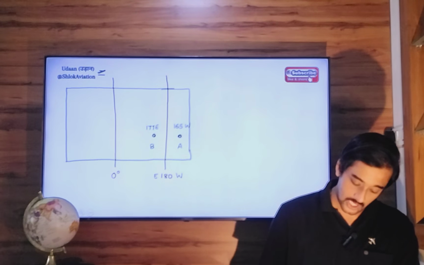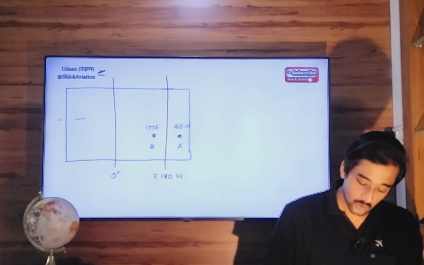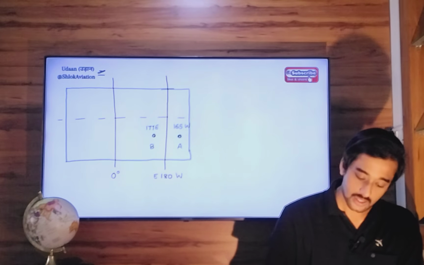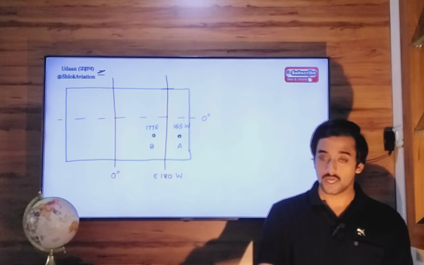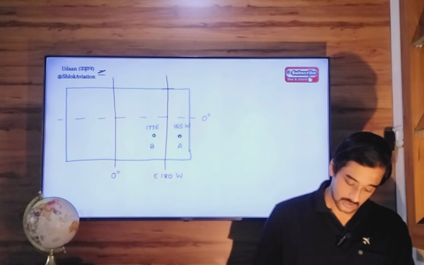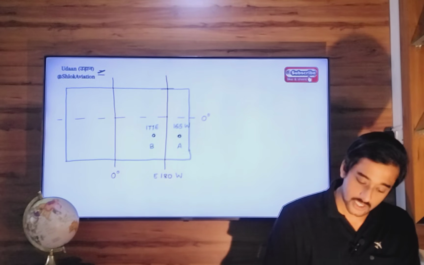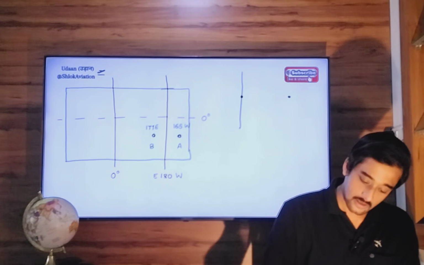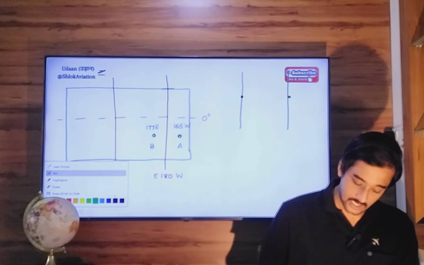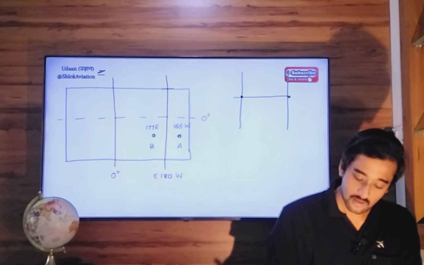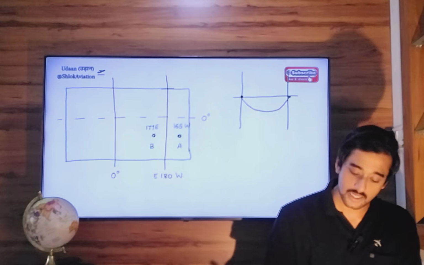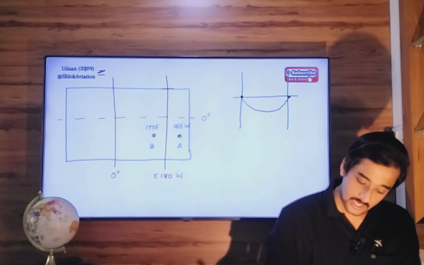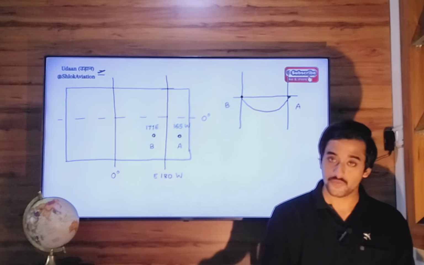Both are in the south hemisphere, that means south of the equator. So these are the two positions across the anti-meridian. Since it's the south hemisphere, the great circle joining them will pass through the nearest south pole. So A is here, B is here.